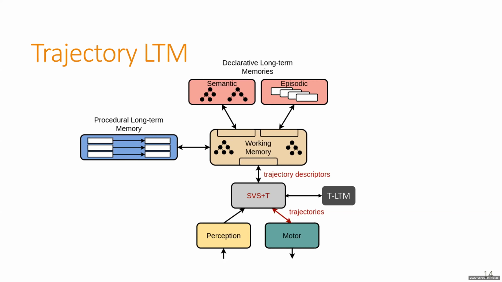This will store past trajectories that the agent has used in past situations. Adding that memory alone would be really interesting, but there are also all of these new potential non-symbolic long-term memories that James just talked about, such as the scene graph long-term memory, which would have really interesting interactions with the trajectory long-term memory.